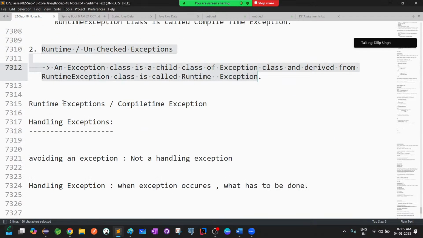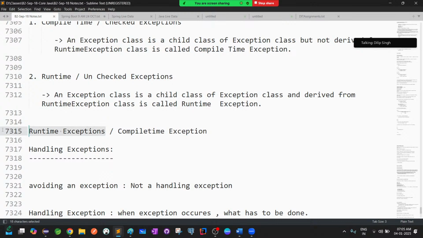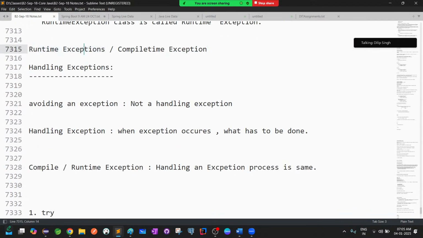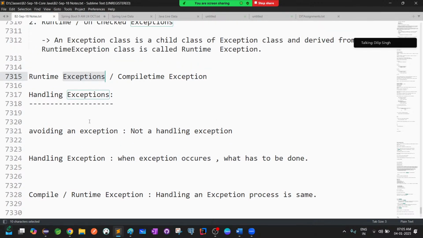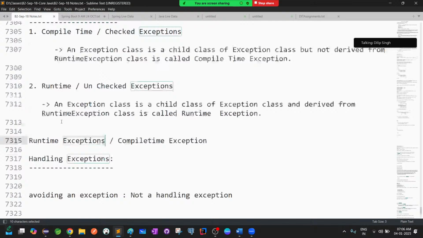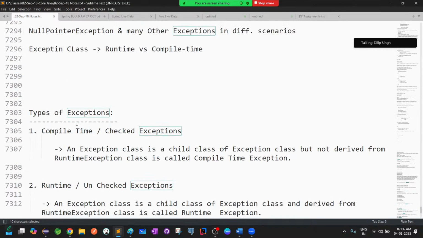They may come or may not come, but even if they come, they come only at runtime level. Sometimes you can't expect that an exception will come until you are executing the program. Once you are executing the program, if any exception comes, then you write logic for handling that exception. But a compile time exception is not like that.